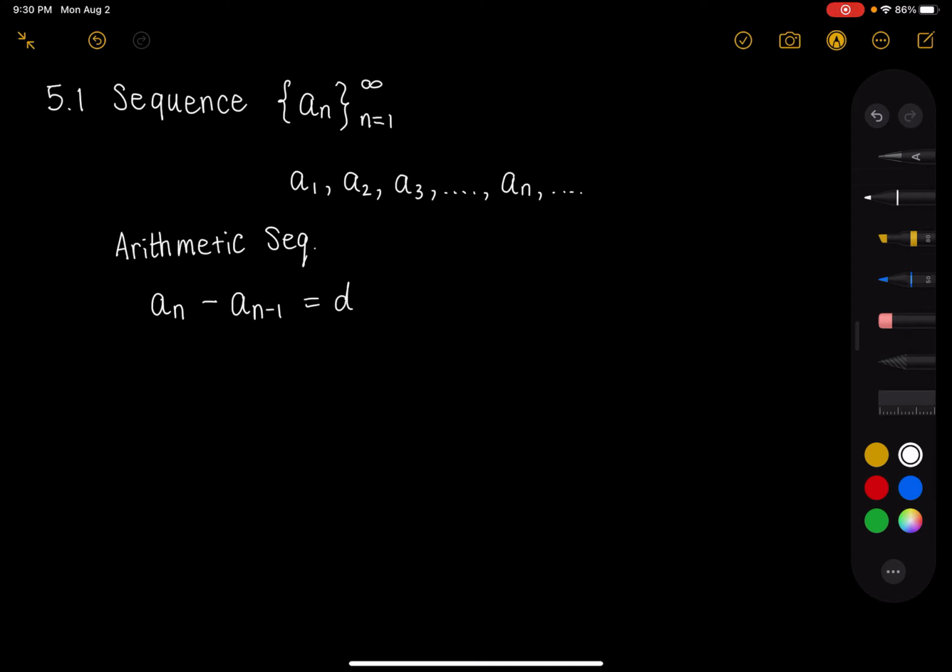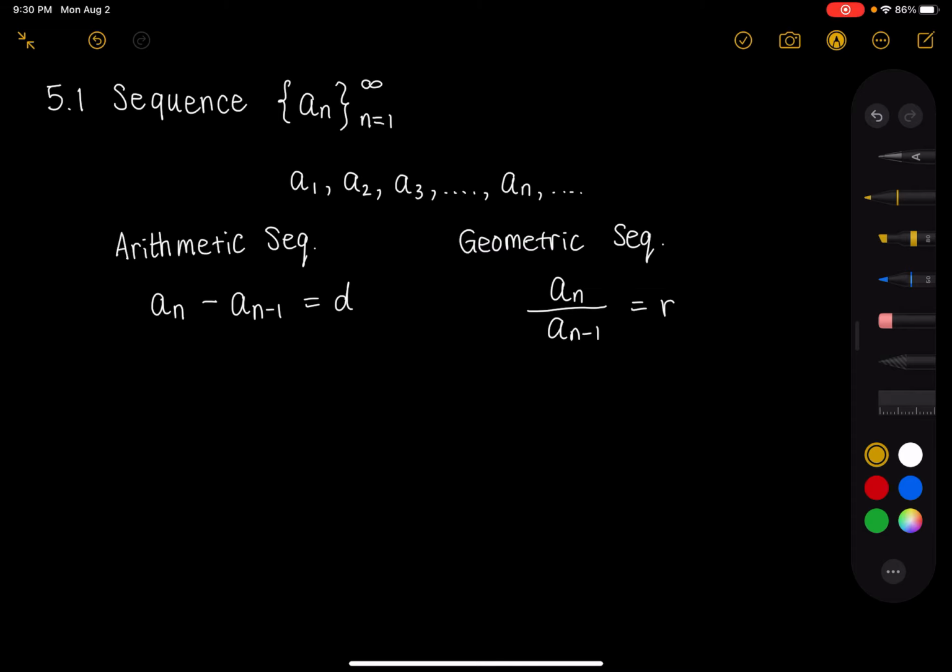Another sequence that we might have encountered in pre-calculus is the geometric sequence. The nth term divided by the term before it will give you the same ratio. These two sequences are nice in the sense that we do have a formula for a_n.